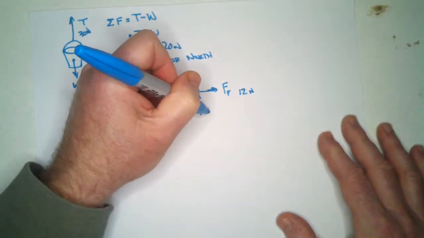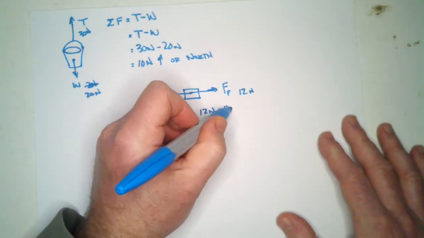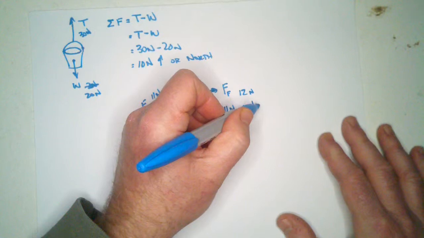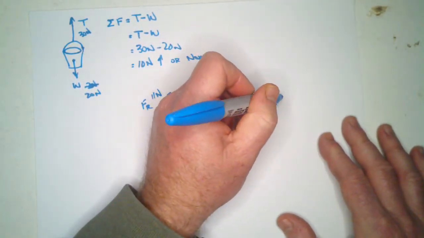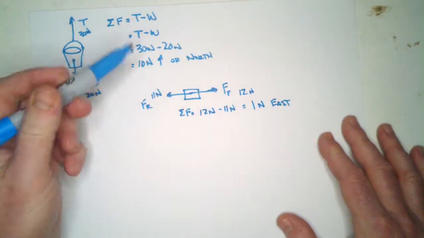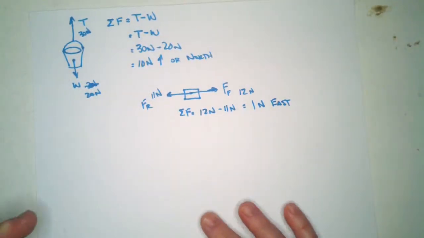So that would be 12 newtons minus 11 newtons would equal 1 newton east, because the net force is going this way, because this one is bigger than that one.